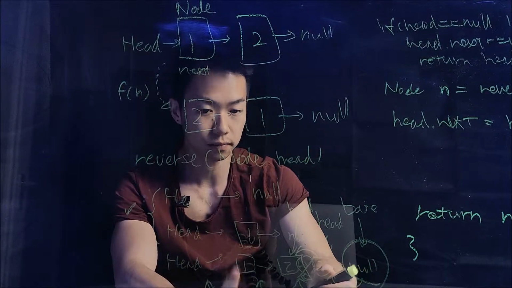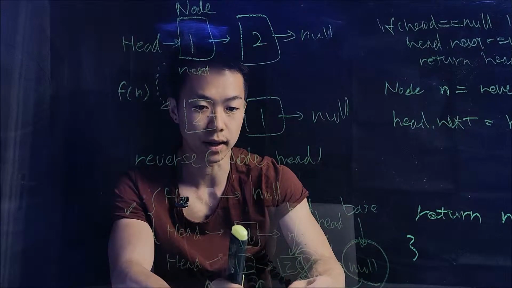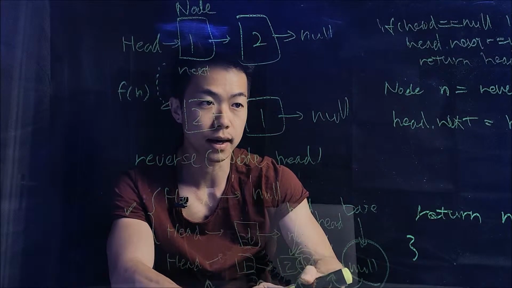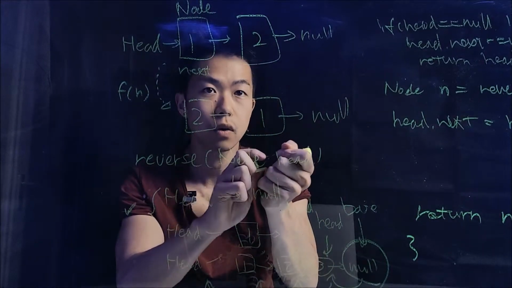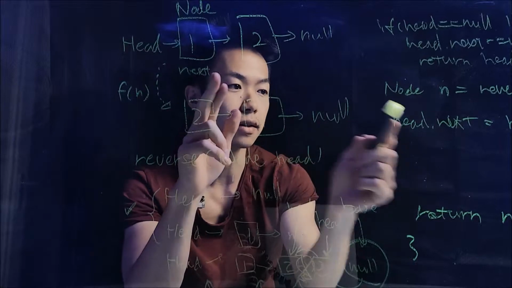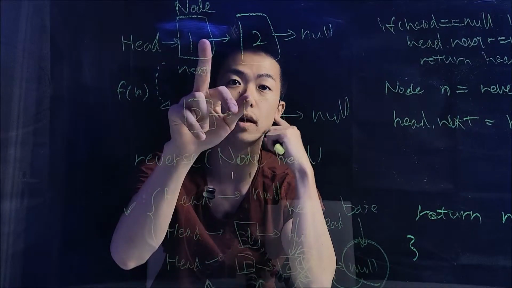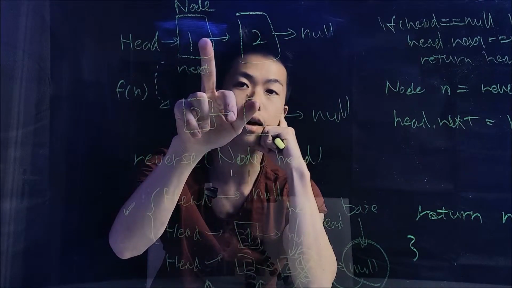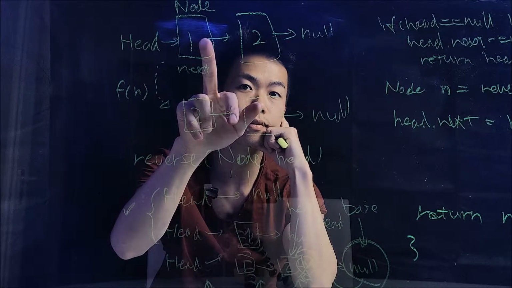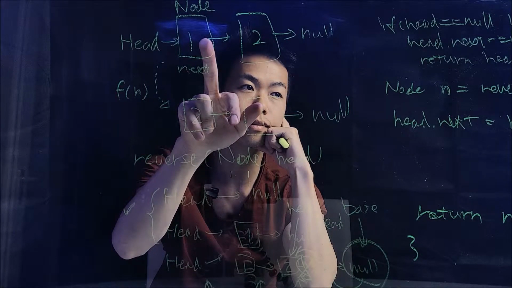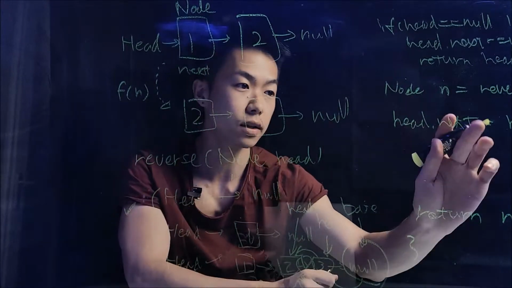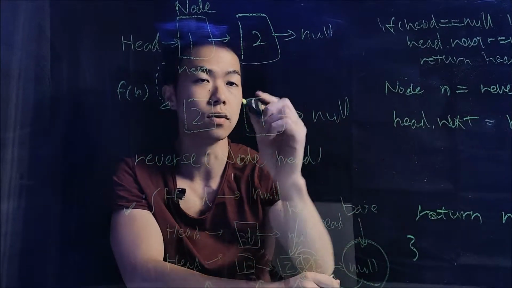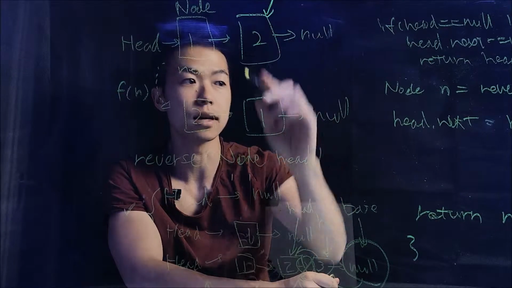So from first, the easy case is 1, 2. In this case, 1, 2, the last recursive call will be here when 1. No, actually, I was wrong. What I need to do is, the last one will be this one, the last node.